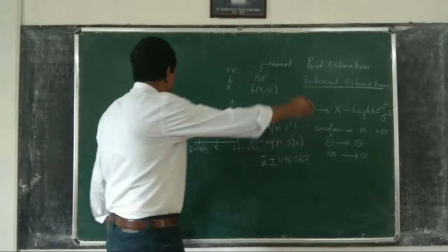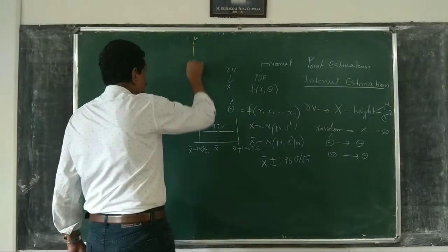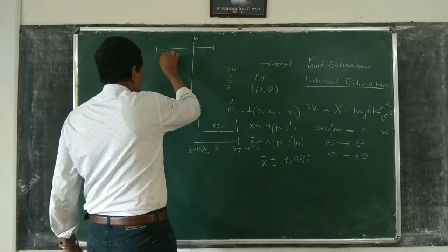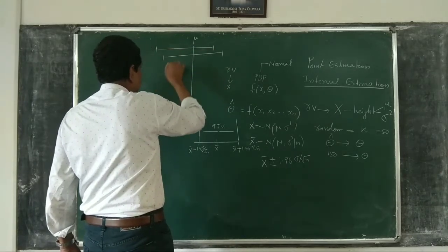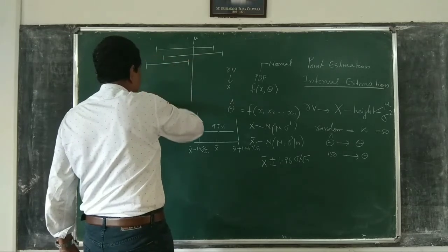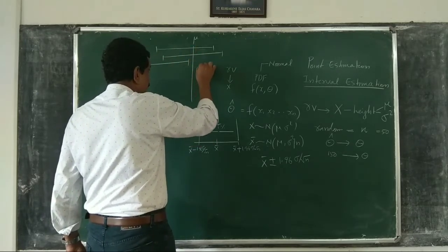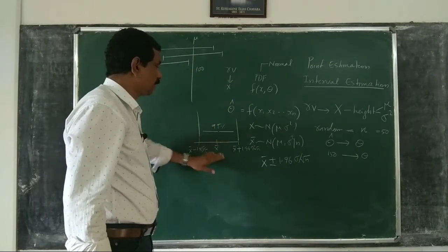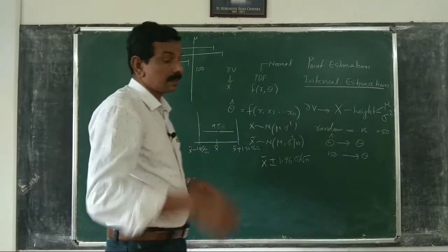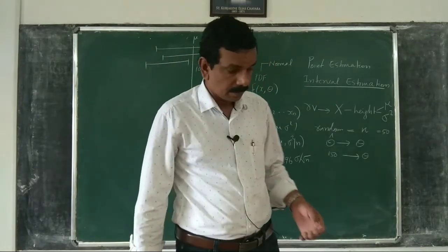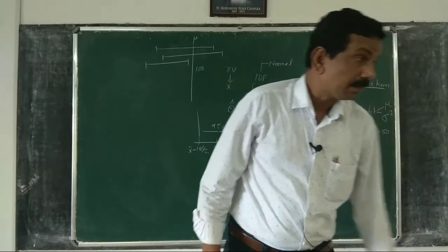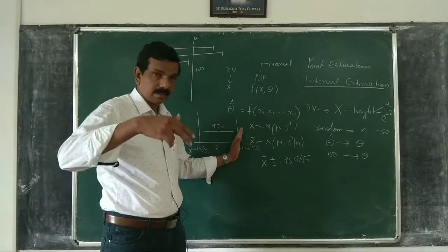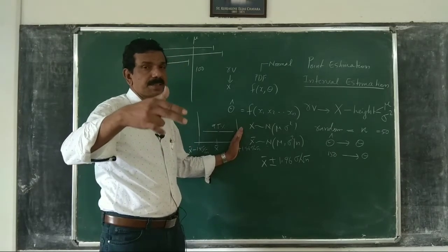Suppose this is the position of mu. You construct an interval, mu is in the interval. Another one, mu is in the interval. Another one, mu is not in this. So if you construct 100 such intervals, the parameter will be in the interval 95 out of 100 times. We can make probability statements about such intervals using the concept of repeated samples.